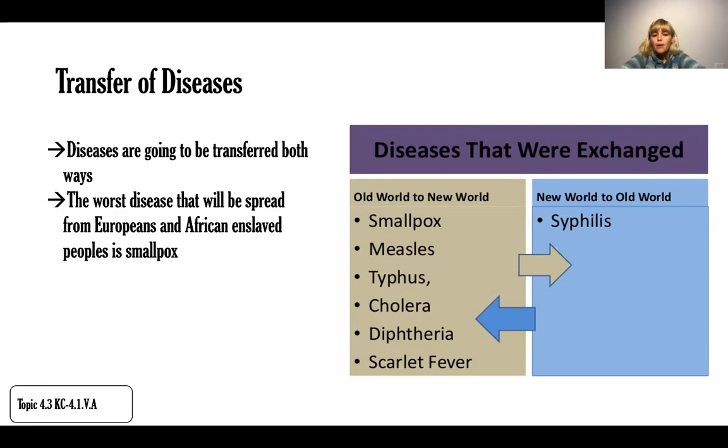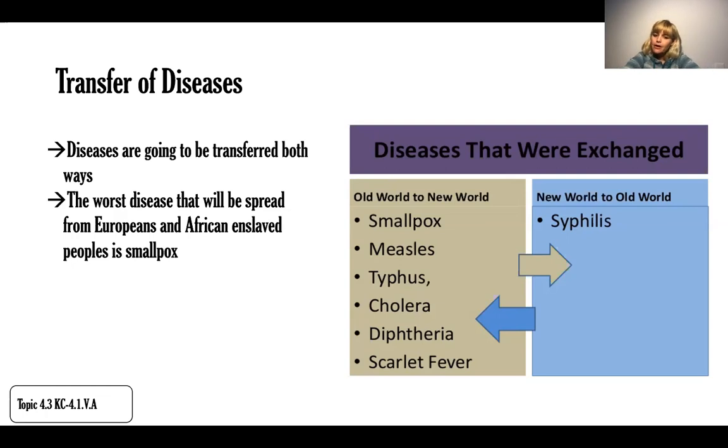But smallpox has been around in Europe and Africa and Asia for decades, centuries, long, long times. And people have actually developed immunity to it. So they'll be carriers of smallpox, but they won't necessarily die from it because, for so long, people have been exposed to it and their bodies have built up immunity to it.